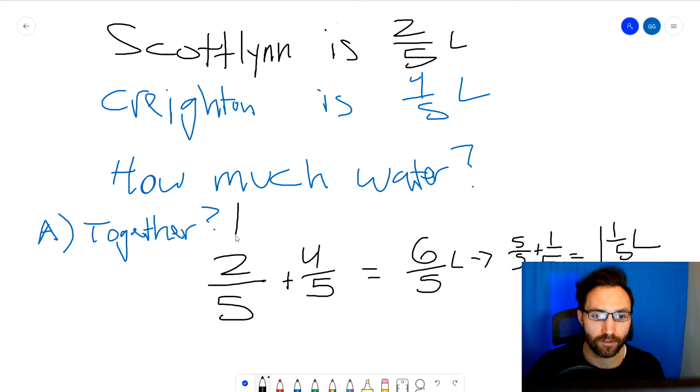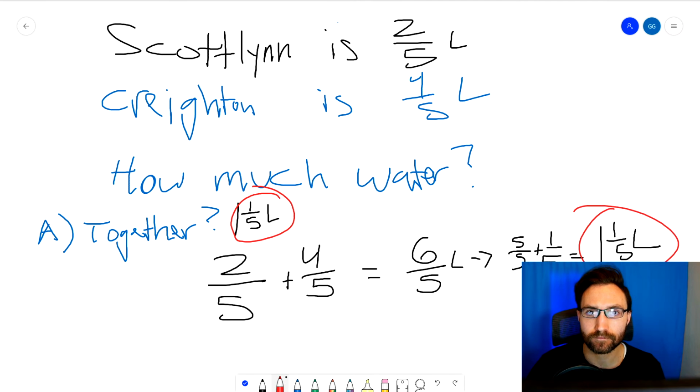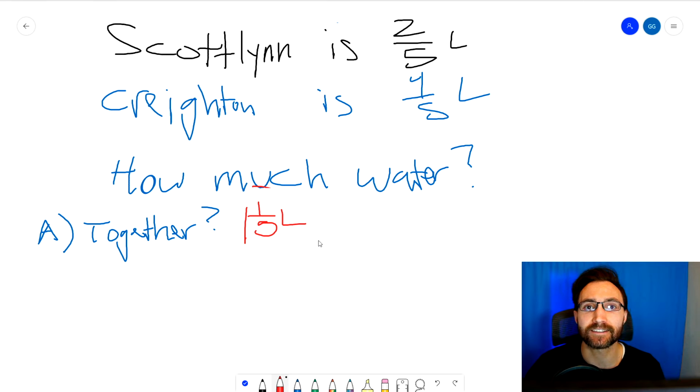So together they drank 1 1/5 liter of water. So we just solved that together Scotland and Creighton drank 1 1/5 liter of water by adding those two fractions that had denominators that were the same. Adding fractions with like denominators.